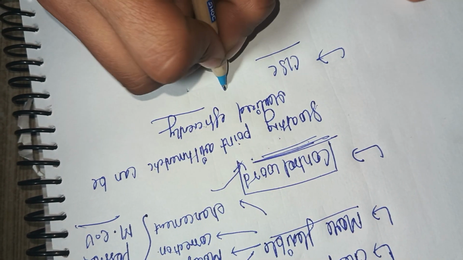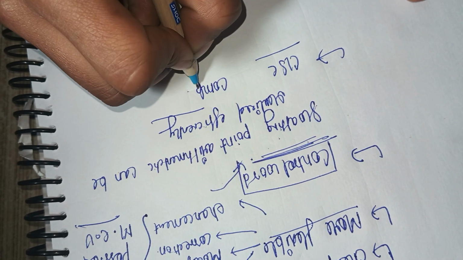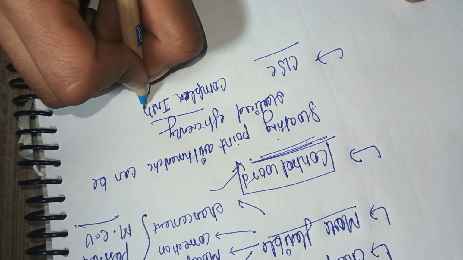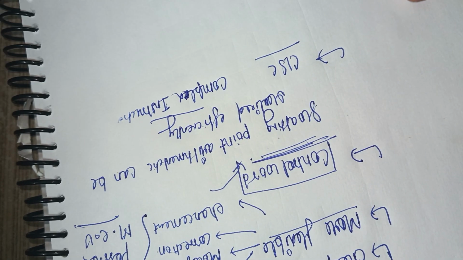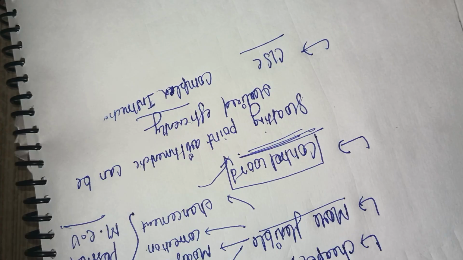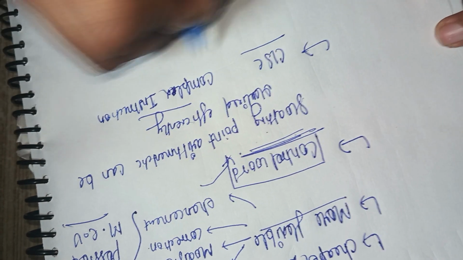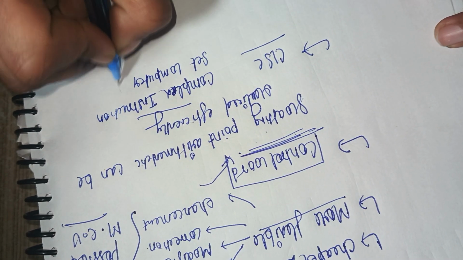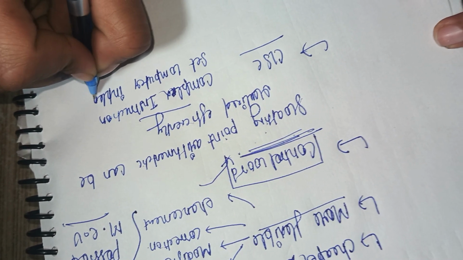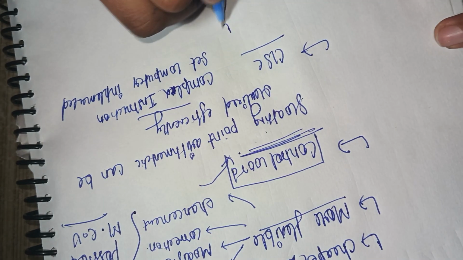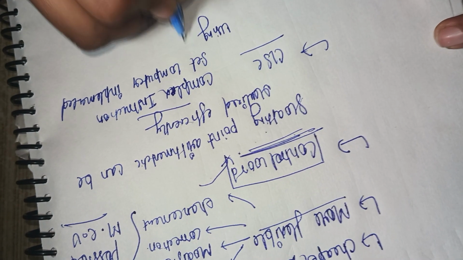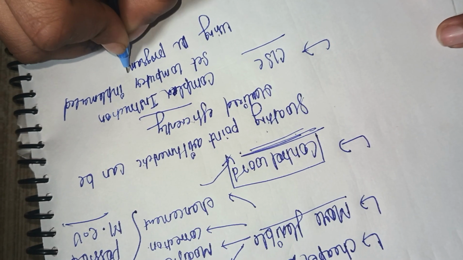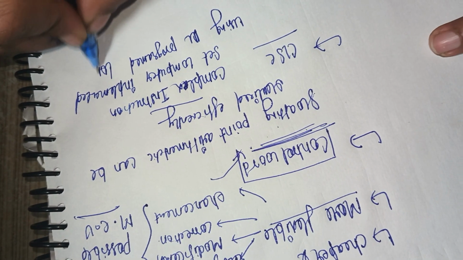CISC, that is Complex Instruction Set Computer, are implemented using a microprogram control unit.